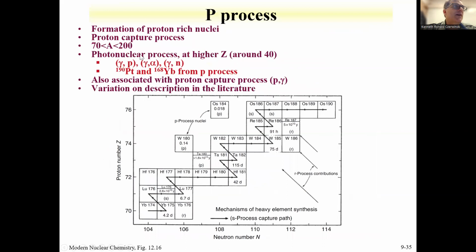And then there's a P process, the proton capture process, with photonuclear processes at high Z. Now I'm making these isotopes that are light. They're stable, but they're neutron light. So the P process will make these light ones. The R process will make the heavy ones, and the S process will make the ones in the middle.